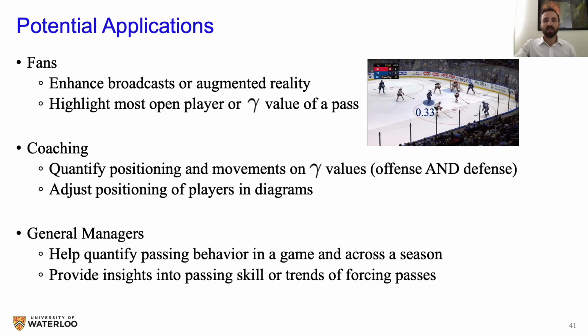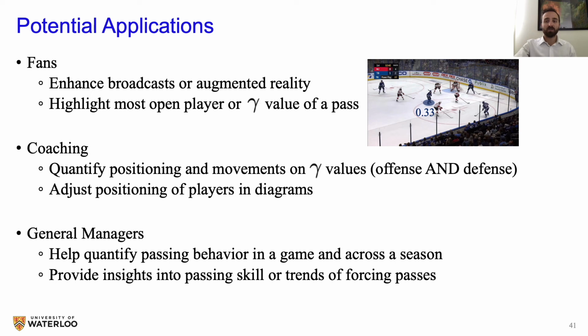We would like to highlight various potential applications of our models at different levels of the game. For fans, our passing lane model could enhance broadcasts or augmented reality views to highlight the most open player or gamma value, as shown in this figure as an example.